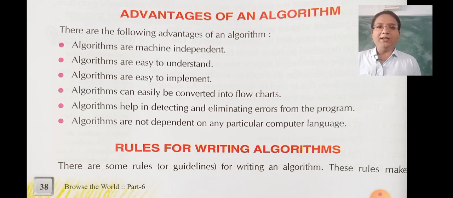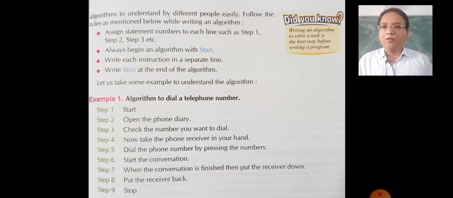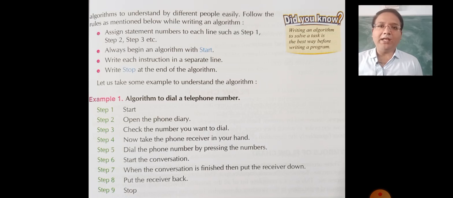Rules for writing an algorithm. There are some rules or guidelines for writing an algorithm. These rules make the algorithm easy to understand by different people. If you prepare your algorithm by following these rules, then your algorithm will be clean, clear and easy for the user to understand.